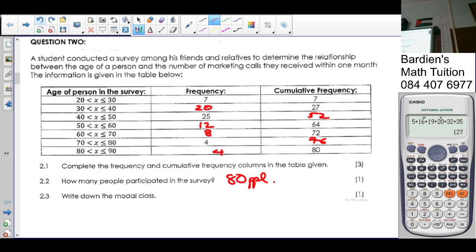Write down the modal class. What is the mode? The most common recurring number. In this, the modal class is the class that has the most in it. Not so? And in this case, what is the modal class? In the first category, there's 7. Second category, 20. 25. Can you see?